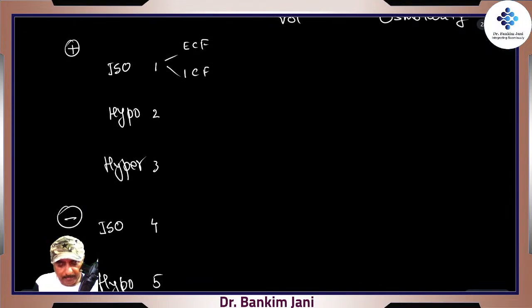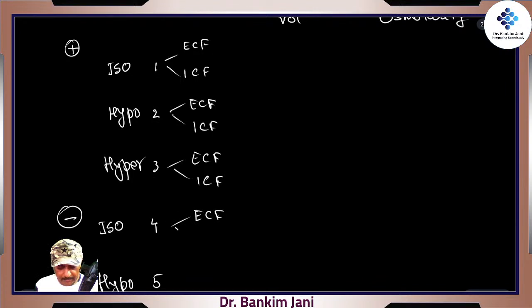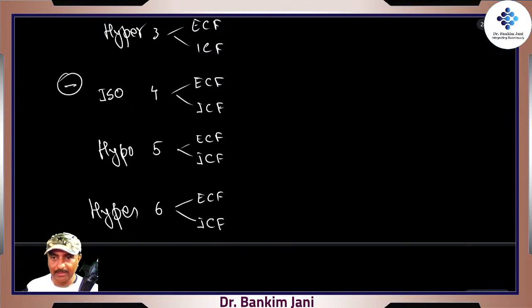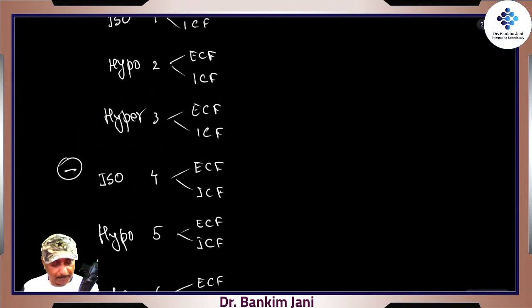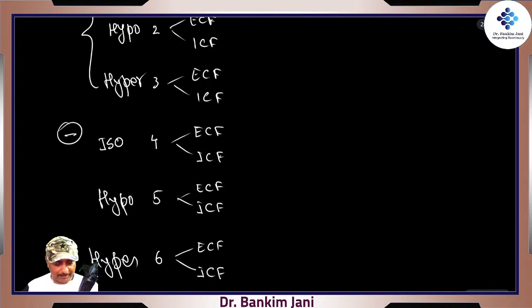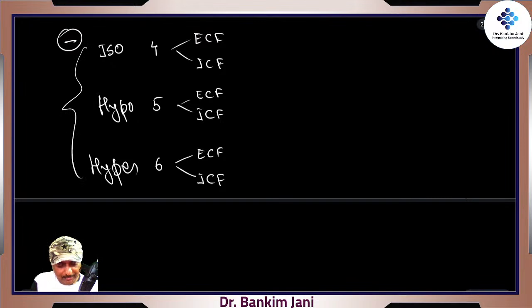Every time fill up this ECF, ICF, ECF, ICF, ECF, ICF. Make such a table, and whenever you are free. Because if you do it immediately, you'll be able to answer. Let some time pass by, 2 hours, 4 hours, 6 hours, and then prepare this. Keep this table ready.